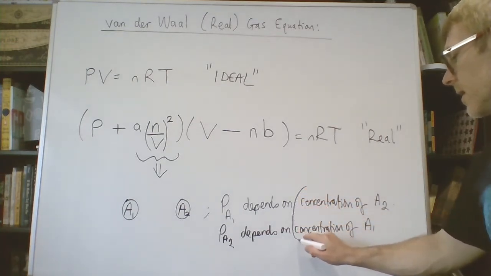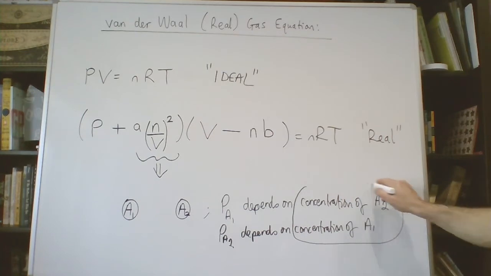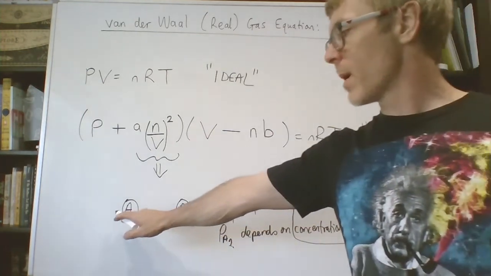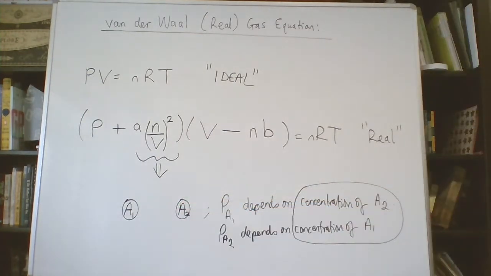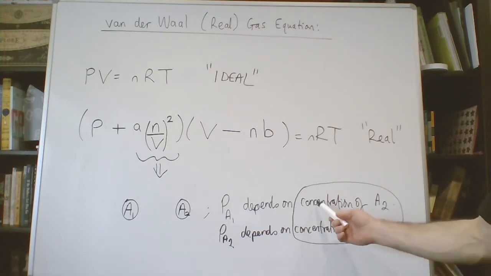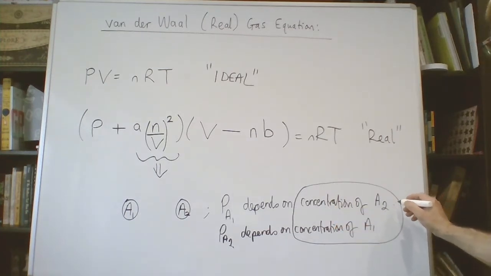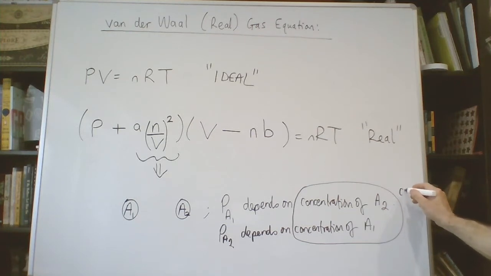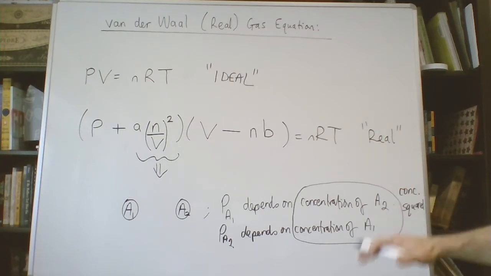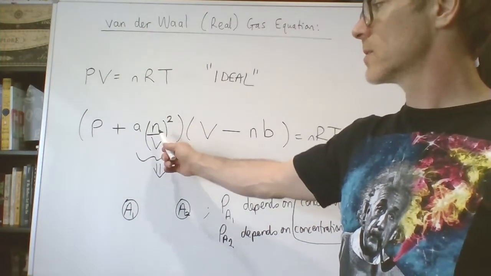So considering an adjacent setup where you look at one member of the gas and just one adjacent member, we have two concentration considerations. So this is concentration squared. This is the origin of the concentration squared term here.